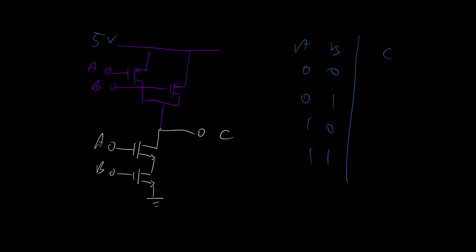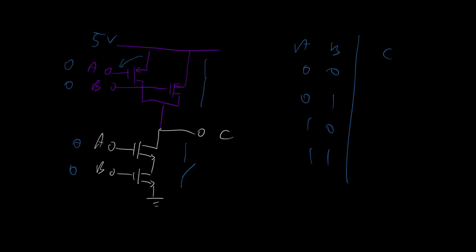If A and B are both 0, then downstairs we have that both our FETs are off, and so this combined switch is open. If A is at 0 volts, that means we've got 5 volts across this FET, which means it's closed, and the same for B. But regardless, even just one of these FETs being closed implies that this switch is closed.